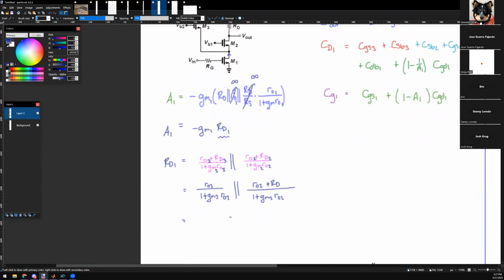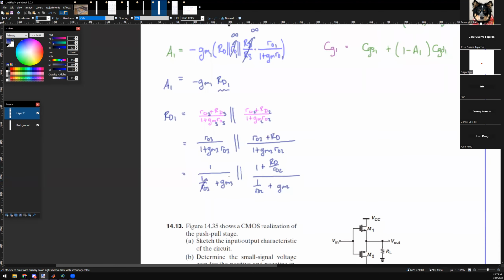If I divide top and bottom by their ROs respectively, I just have 1 over RO3 plus GM3. And on the right-hand side, I have 1 plus RD over RO2 divided by 1 over RO2 plus GM2. But if all the ROs go to infinity, this goes to 0, this goes to 0, this goes to 0. So you should just get 1 over GM3 in parallel with 1 over GM2.